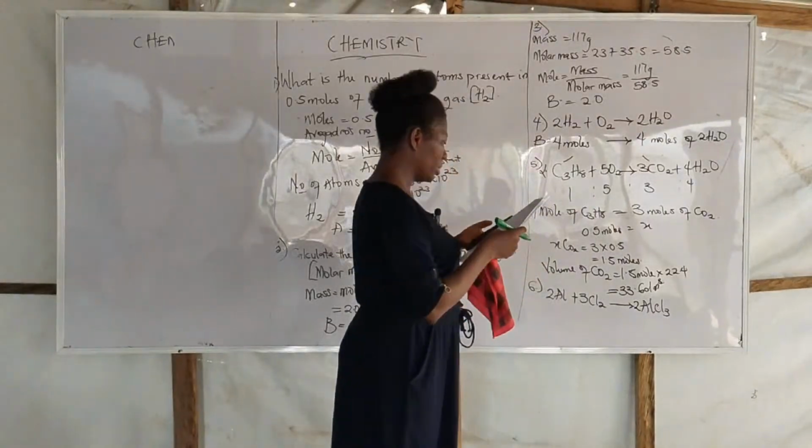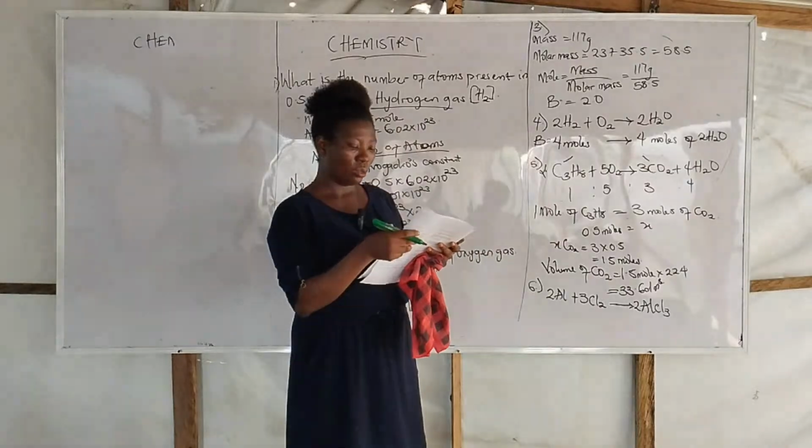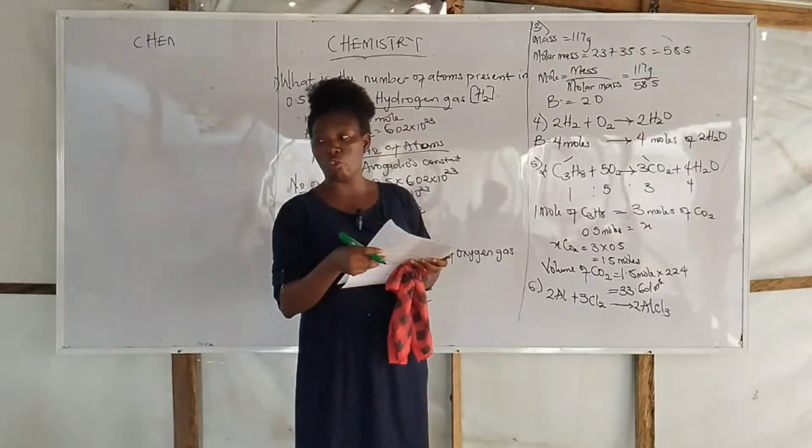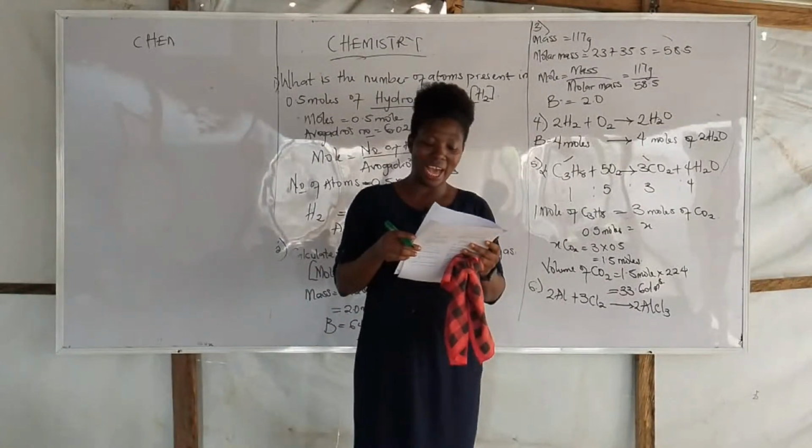What is the mass of aluminium chloride formed when 5.4 grams of aluminium react completely?